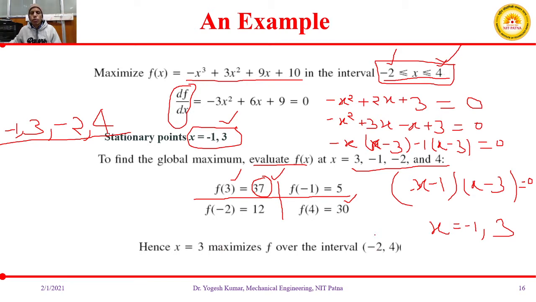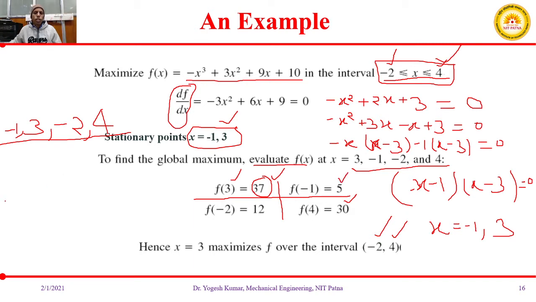over the interval -2 comma 4. Okay, suppose it would have been the case of minimization. If this case was of a minimization, then what was the minimum value? Minimum value was 5.